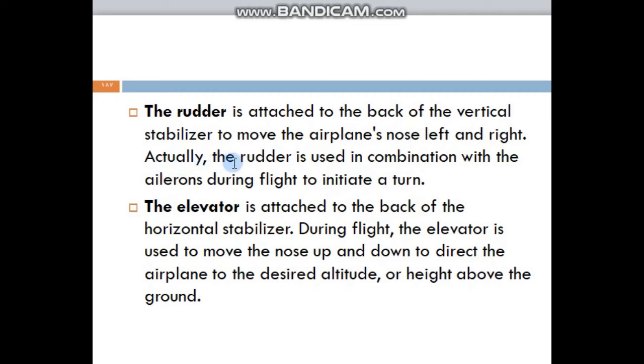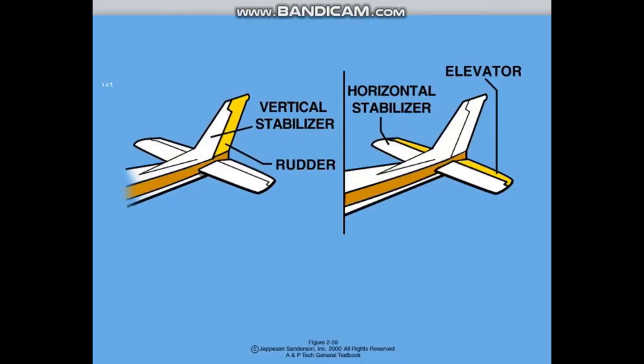Actually, the rudder is used in combination with ailerons during flight to initiate a turn. The elevator is attached to the back of the horizontal stabilizer as we said before, and we see here this is our elevator.